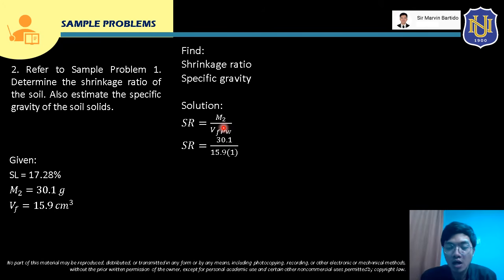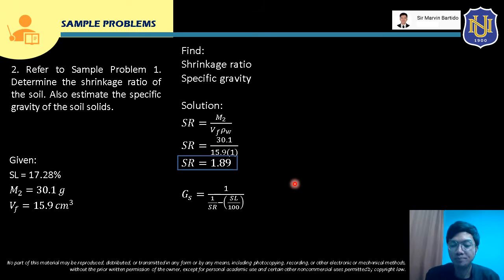So yung density ng water natin dito, class, 1 gram per centimeter cube dapat ha, since yung mass natin ay grams, yung volume natin ay centimeter cube. Okay, so solving this, class, yung shrinkage ratio natin ay 1.89. So yan na yung sagot, class, para sa shrinkage ratio.